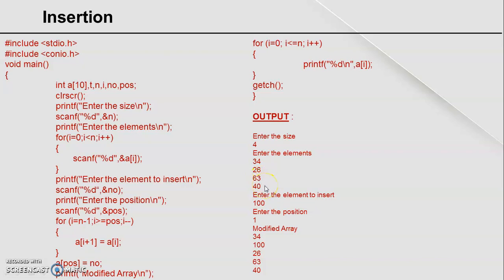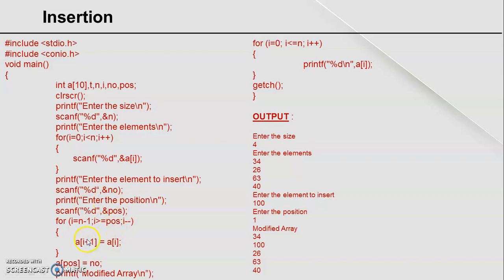So A of i is moving to A of i plus 1. This is the logic. I will start from the last element and keep on shifting each element. After shifting all the elements, this position will become vacant for inserting the new element.